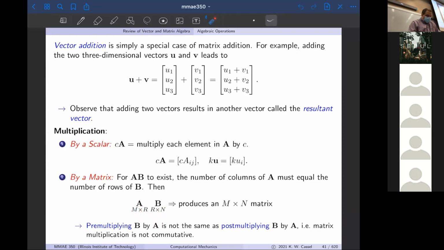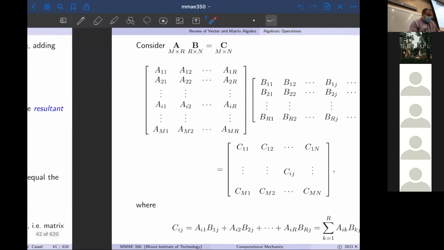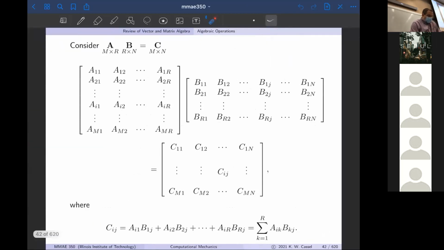Okay, so we have to watch out for the ordering when we're multiplying matrices together. So here's how it looks for that case A times B, where the inner dimensions match, and then the final result is M by N. So the resulting matrix, we'll call it C, would be M by N, and that's down here.